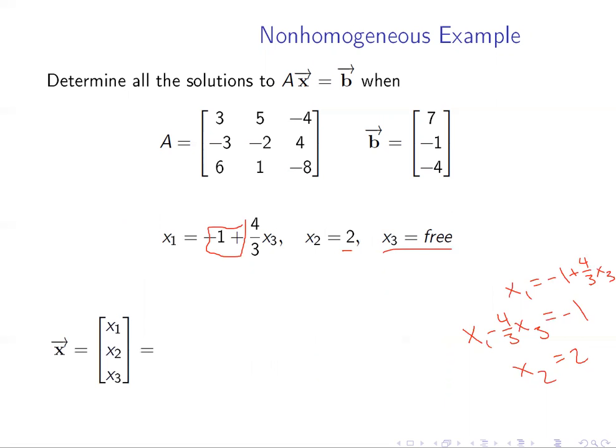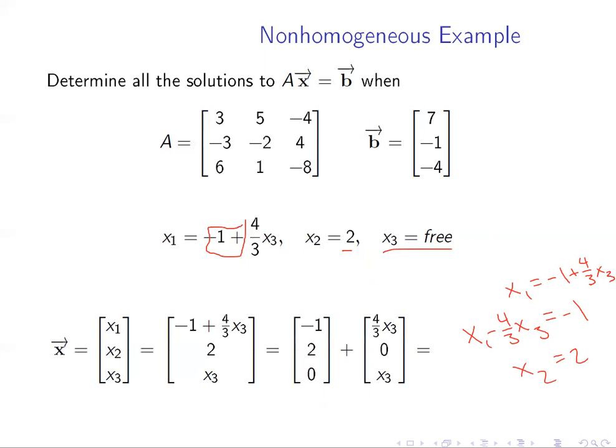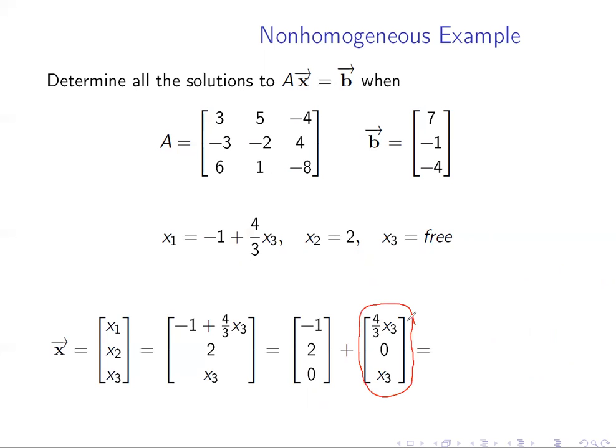So what does that mean? Well, that means my solution vector x1, x2, x3 looks like this, and now comes a little bit of a trick. I have to break this into two vectors, the one that includes x3 and the one that includes constants. Notice that this right here, I'm going to circle the second vector, is the solution to our homogeneous system. So we have some amount of shift. It's not exactly, and I'm going to point this out, some people think it's always just your b vector.